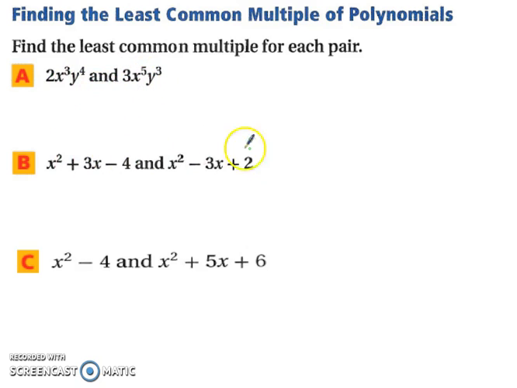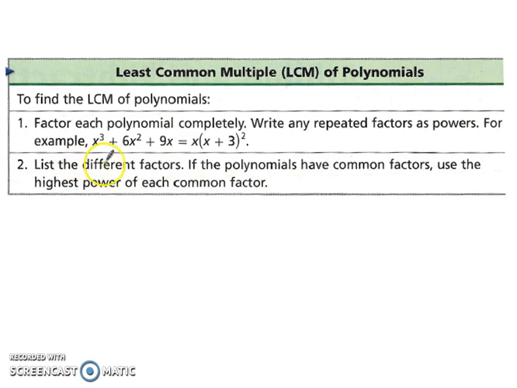It's a little bit different when you start getting to trinomials and binomials. So what's the least common multiple of 2 and 3? Well, the least common multiple would be 6, because that's the smallest number that both 2 and 3 can go into.